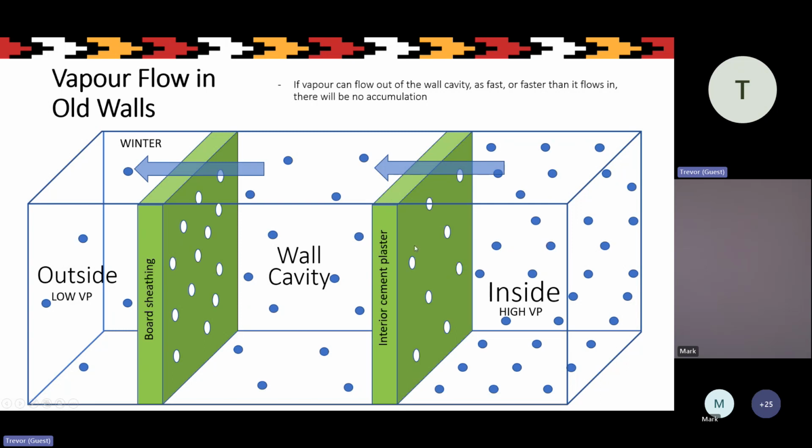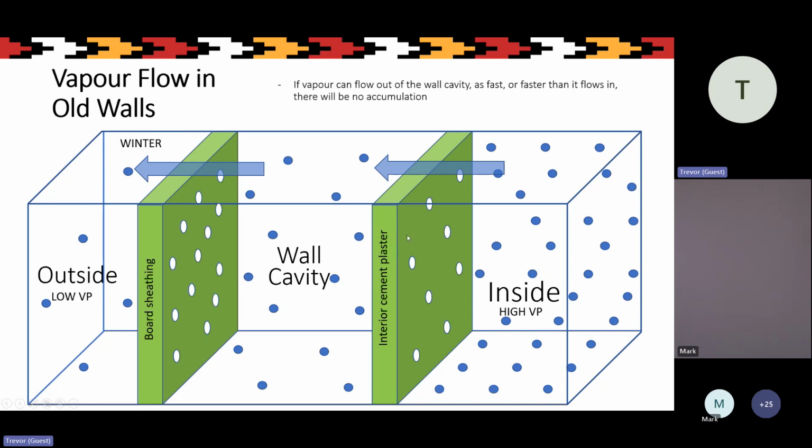So whatever moves from inside the house into this wall cavity, whatever rate it can flow in, it can actually flow out faster than that. So we'll never get a buildup of condensation due to vapor flow inside an old wall that has board sheathing, because it's very vapor open on the outside.